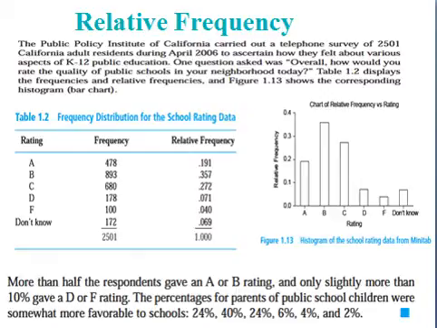Relative frequency of B is the most, and here you can see that 893 is the frequency for B. For C it is 680, and relative frequency for C is 680 divided by 2501. So this is how we are drawing frequency histograms and relative frequency histograms.